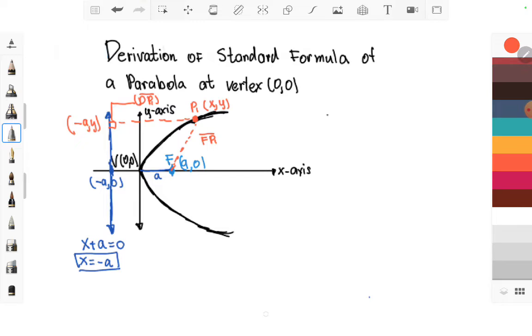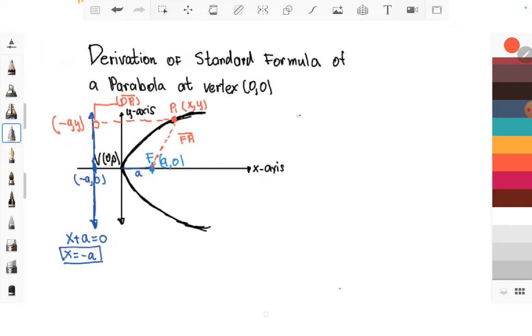So from that, based on our definition, dp1 is equal to fp1.